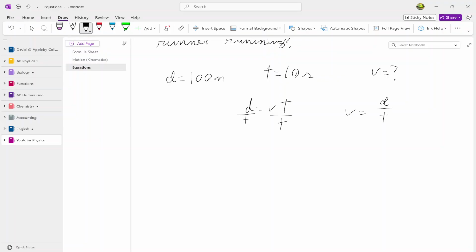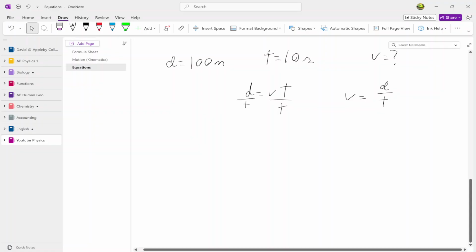Okay. So a simple trick when it comes to doing these type of rearrangements is that even though you have numbers, it's much easier to do the rearrangement of the equation before plugging in the variables. Because let's say I did it without, okay? So you have 100 equals v times 10.